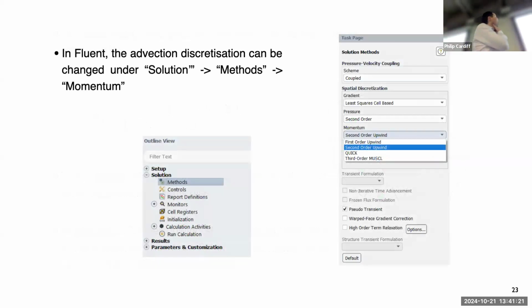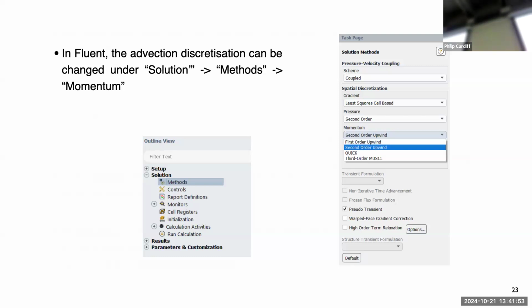In Fluent, if you go to solution methods and momentum, you'll be faced with something that looks like this. I think this is what it looks like in the version installed upstairs. They slightly change it every year, but it almost doesn't change. If you go to momentum, I'm not sure what the default is, but I think second order upwind is the default.